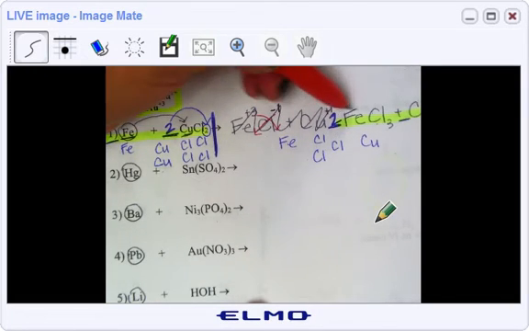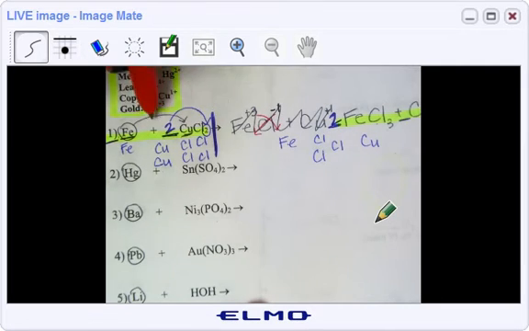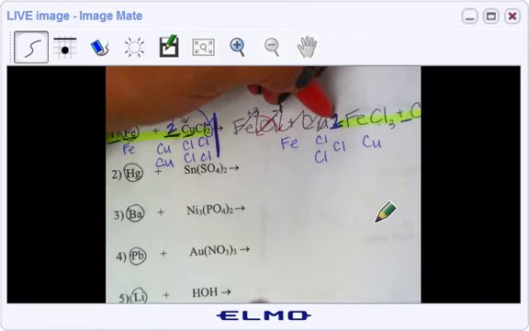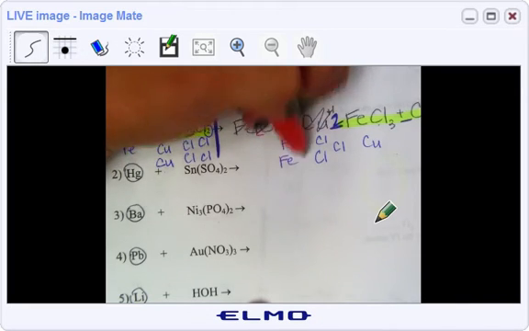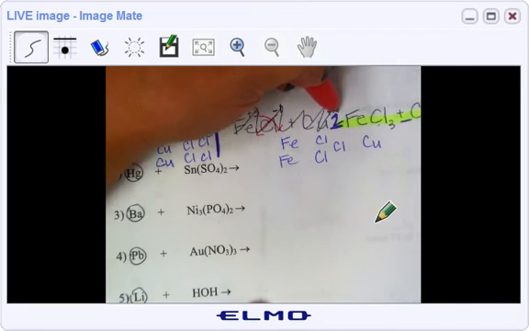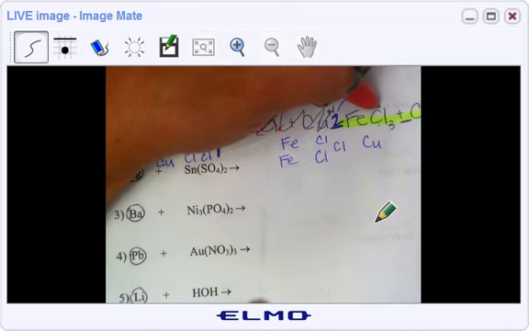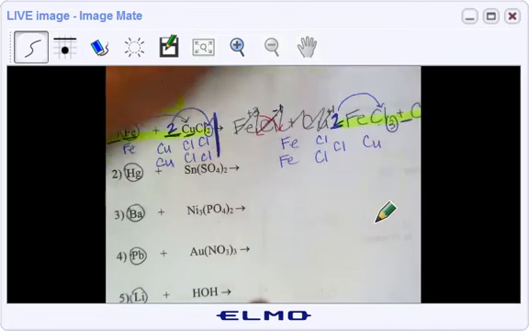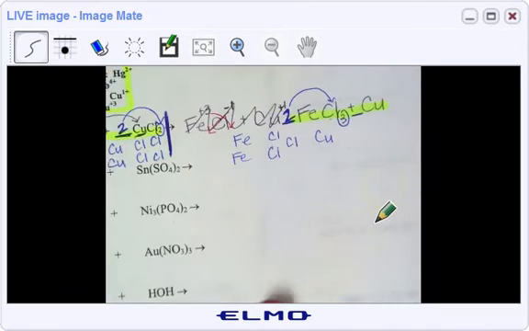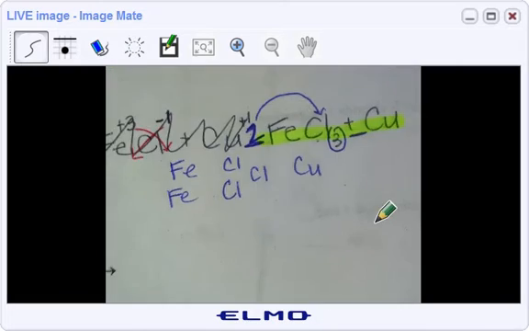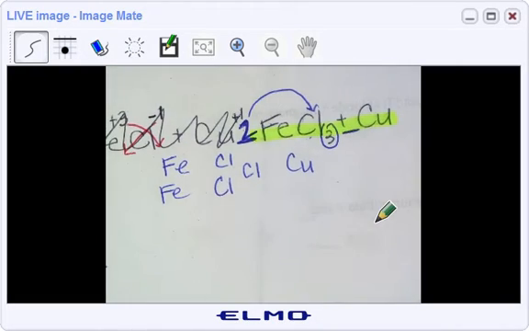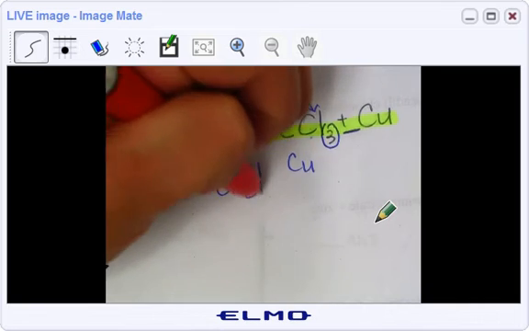So regardless if it affects other elements, you're going to have to start there and make adjustments on the other side. So now I have 2 irons. How many chlorines do I have? Don't forget that that 3's there, and the 3 only applies to the chlorine. So that's when you multiply. So I have 6 chlorines total.